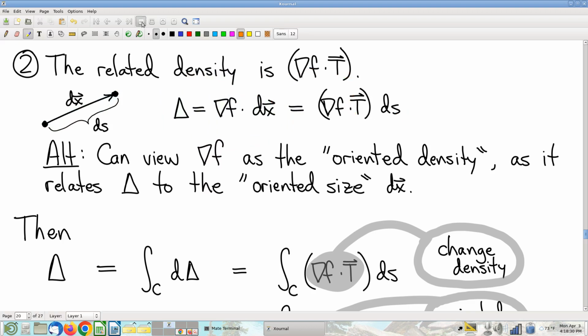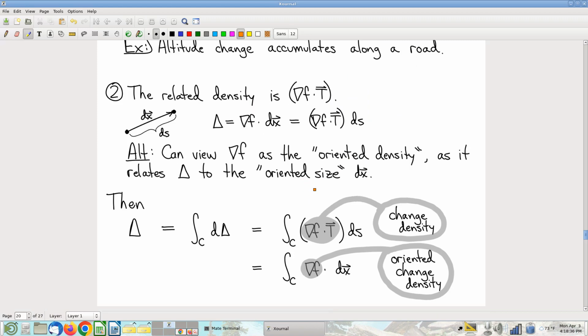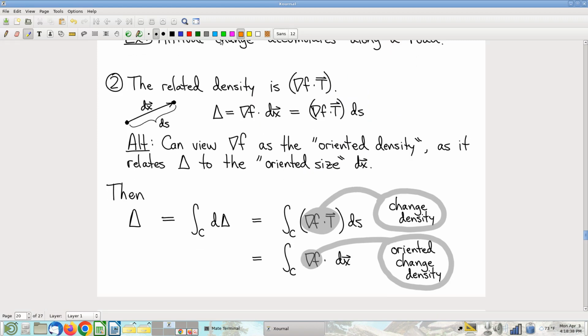So putting them together, and I'll come back to this business about orientation in just a minute, but real quick, I just want to get to the conclusion here first. We have agreed first that change is an accumulating quantity. Boom. The whole is the sum of the parts when you're looking at change. And each little bit of change you can think of it in either one of these senses.